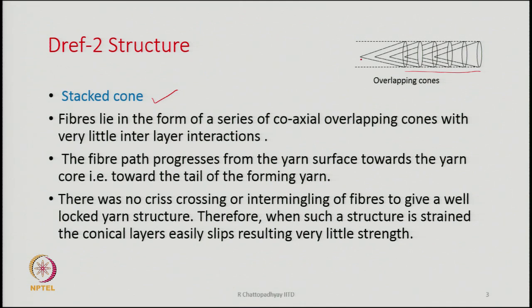That means the fiber existing at the center will also go to the surface. So, automatically people may feel that there is some kind of migration like ring spinning, that if the same fiber is existing in the core and again the other part of the fiber is existing at the surface of the yarn, that means there is a migration.